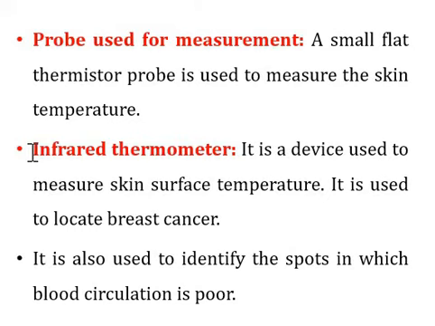When the infrared light falls on the surface, it measures the surface temperature. Not only our body temperature, it will measure the temperature of any object: the atmosphere, that is, the ambient, an object, or a metal, whatever it can be.